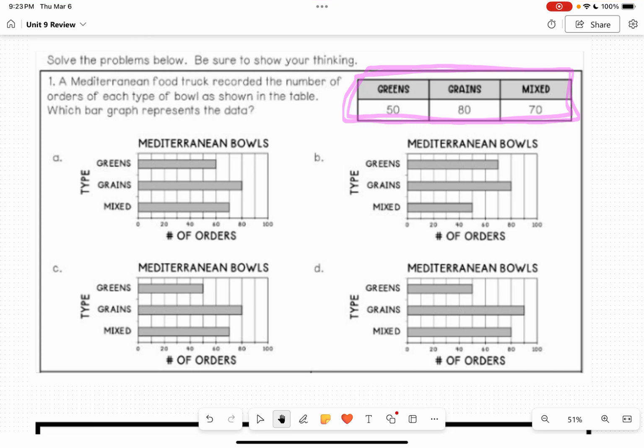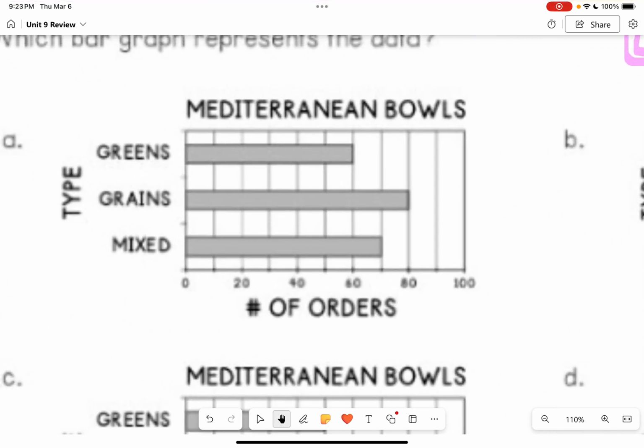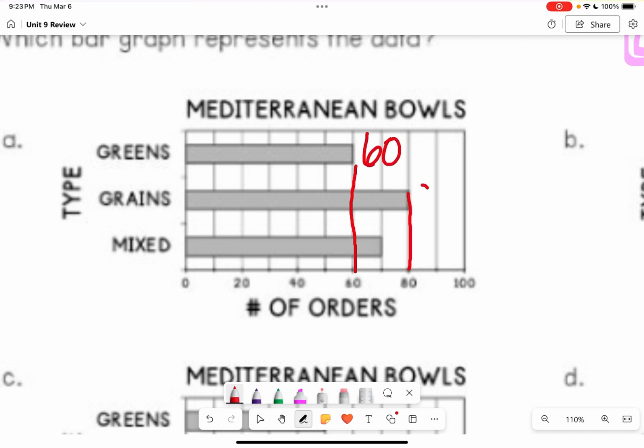All right, so I'm going to zoom in. Now, mine is blurry, but yours is a lot clearer than mine. Just the digital version is kind of blurry for me. So we are looking at A, and on A, I'm just going to label my bar graphs. So greens is right here, so we are at 60. Grains is the next one. Grains is at 80. And mixed is right in between, and that represents 70.